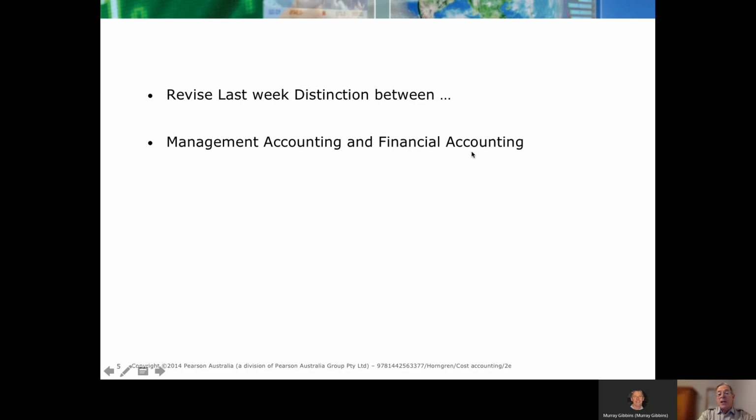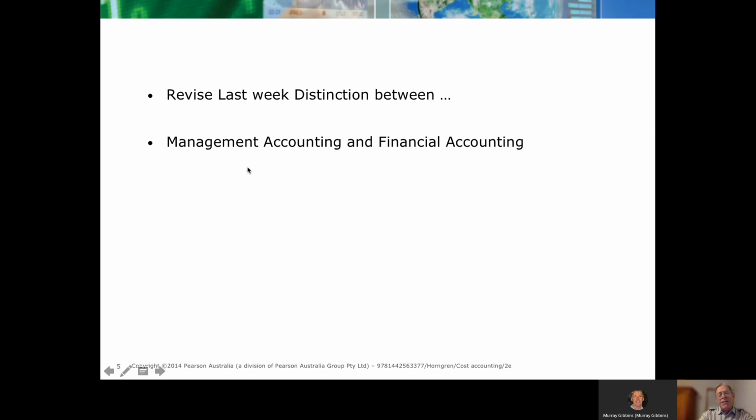Other distinction, financial accounting, we said, follows generally accepted accounting principles. Our financial guidelines there, we've got to fit within that criteria, whereas management accounting is a lot freer. We're not governed by accounting standards. We're freer to design our reports and do our costing.